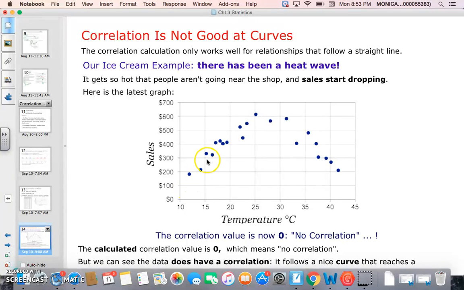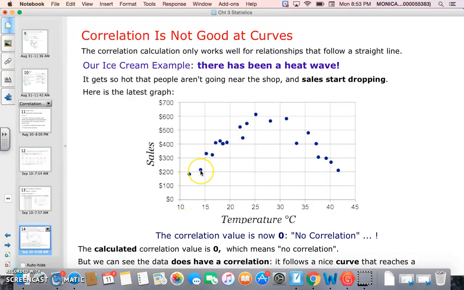So if we put every single one of these data points into our lists, again, temperature would be one of our lists and sales would be the other. When you actually calculate it out, if you would like to do that, you may. Just go ahead and pause the video, and you'd have to estimate that this would be like 12, 195.